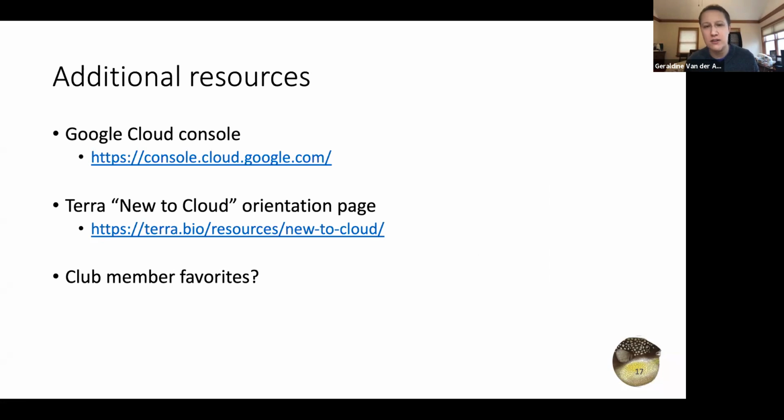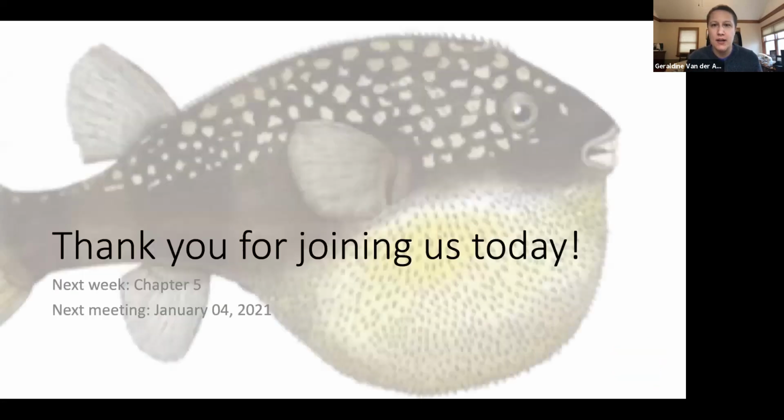Google Cloud Docs are really of good quality overall, but there's just so much, it can be hard to navigate. So we try to identify a few pointers that are the most useful for most people starting out. But I'd love to hear what other people suggest to get started and to have equivalent resources for the other clouds. And that is it.